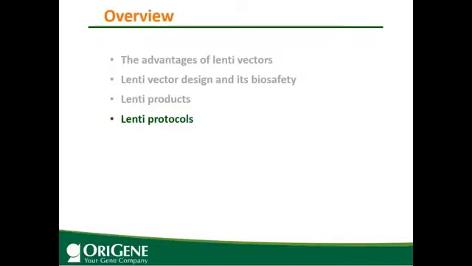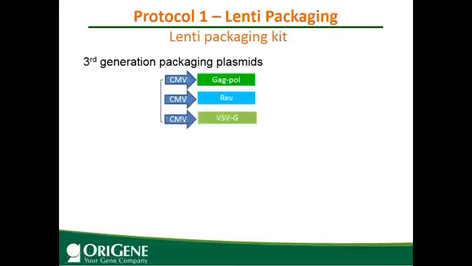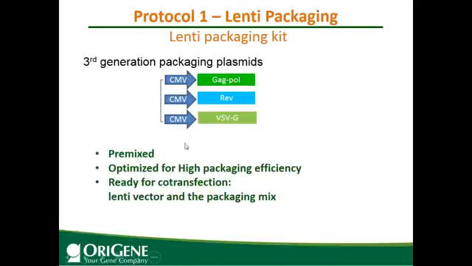So now I have covered that Lenti is a great gene delivery tool and safe to use, and Origin offers great Lenti products. So what about the detailed protocols? Okay, protocol 1 is Lenti packaging. Origin's Lenti packaging kit is for the 3rd generation vector. The packaging kit has 3 plasmids and is pre-mixed at the optimal ratio for high packaging efficiency.